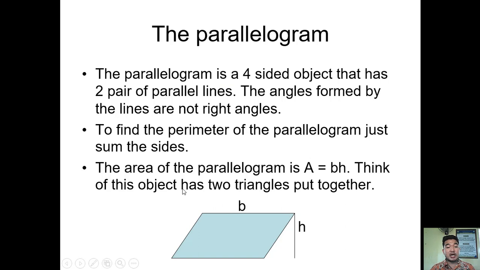That is the reason why we need to draw a line inside or outside the rectangle which is perpendicular to the other base. Okay, so to find the perimeter of the parallelogram, you just sum the sides. Then for the area, that is base times the height. So this is the height. And this height is perpendicular to one of the sides.